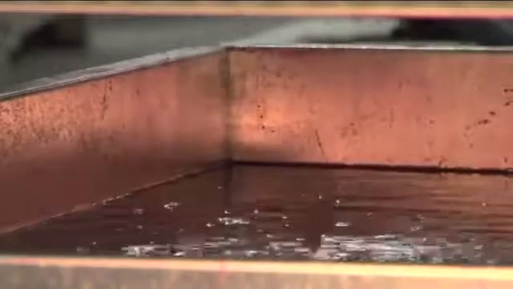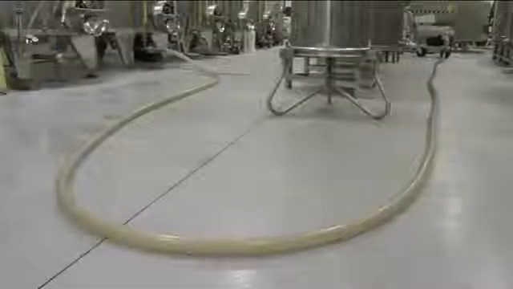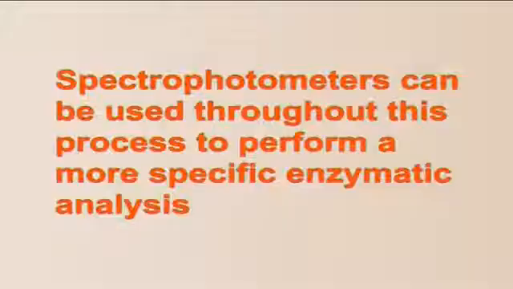A laboratory for analysis is a basic essential in most wineries today to allow wine to be tested and analyzed for taste and quality. Spectrophotometers can be used throughout the process to perform a more specific enzymatic analysis.